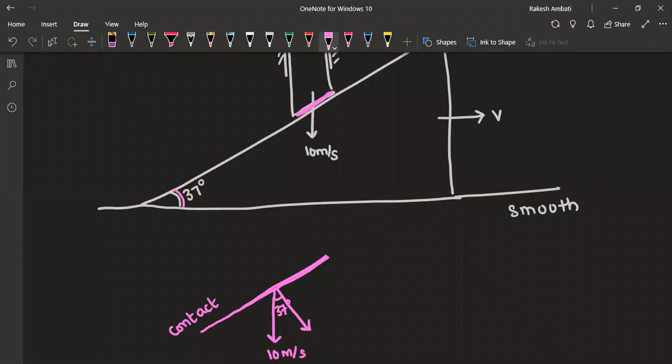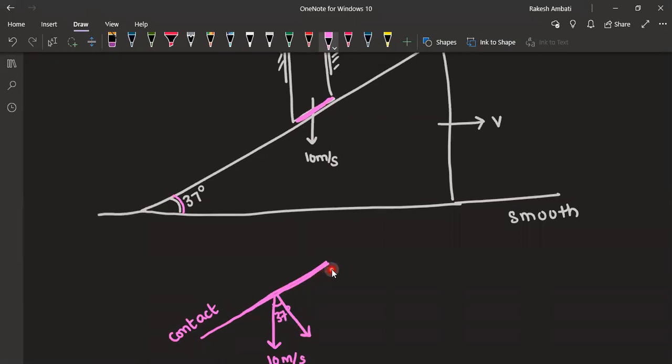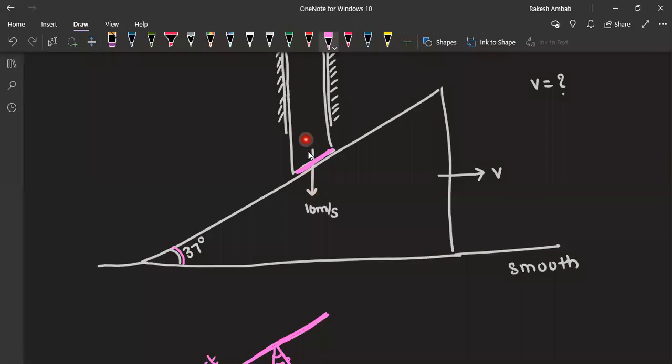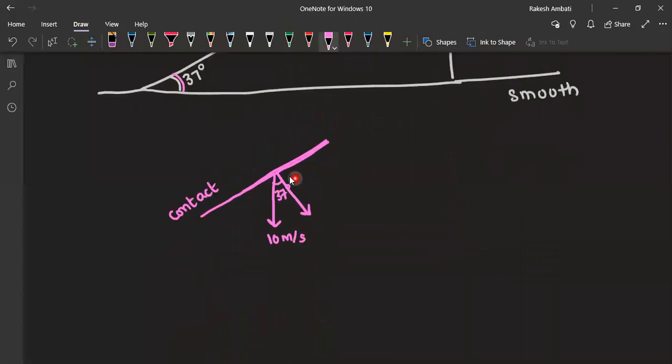According to the wedge constraint, we have to consider the direction normal to the contact surface. In this normal direction, velocities or accelerations must be equal. Then only the two bodies maintain contact with each other. If the condition is not satisfied, they lose contact.